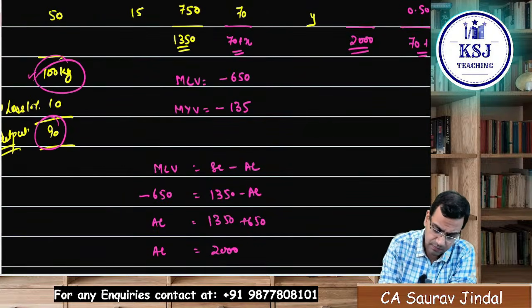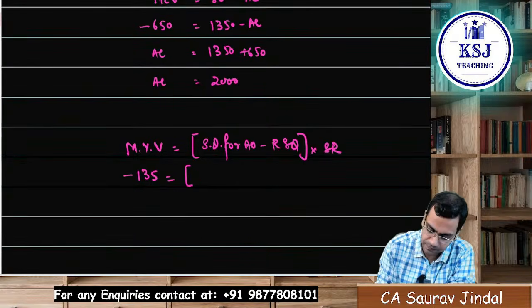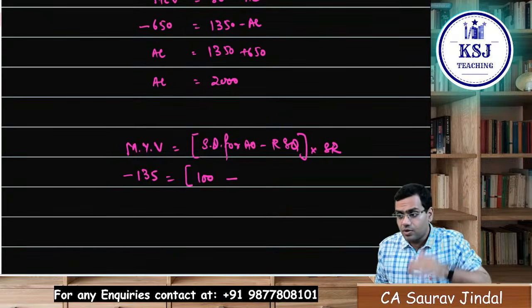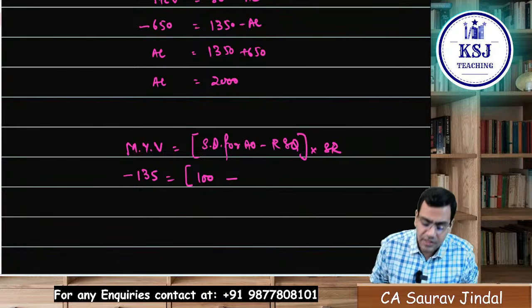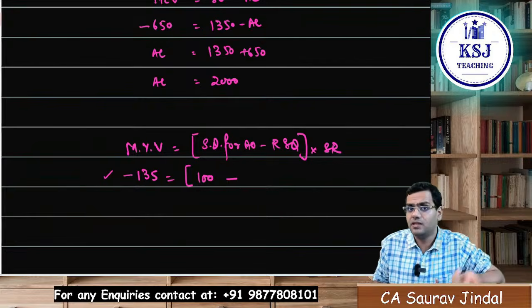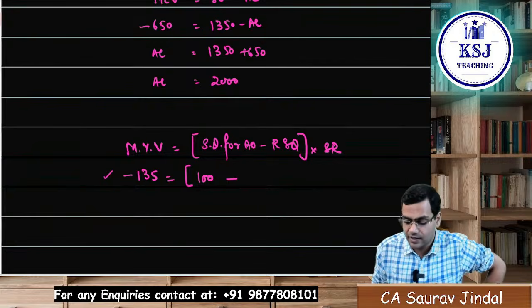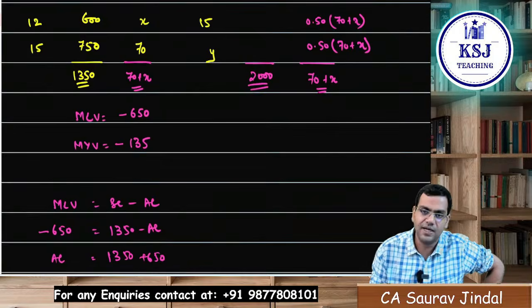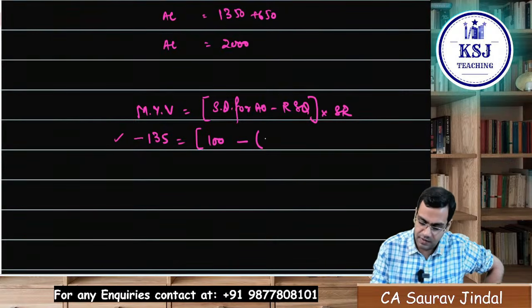Total 100 kg. I can write 100 kg. Sir, I cannot take it product-wise separately, the reason being material yield variance is given in total, so I will have to take the total value only, right? What is the revised standard quantity in total? That is 70 plus x.